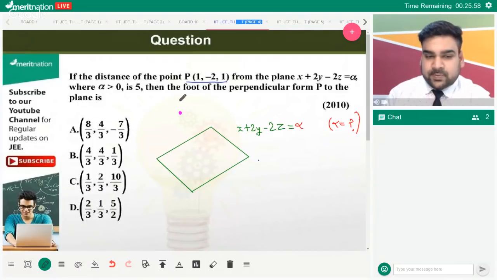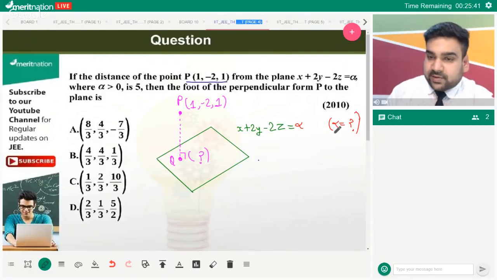Okay, now there is a point. The point is P, which is (1, minus 2, 1). And from this point P, a perpendicular has been drawn to this plane. And we need to find the foot of perpendicular. This point Q over here is our foot of perpendicular, and we need to find its coordinates. So the first thing we are going to do is calculate the value of alpha.